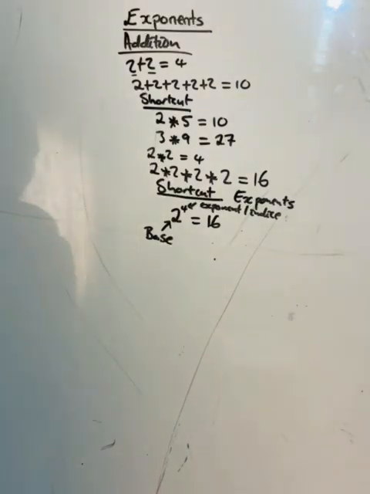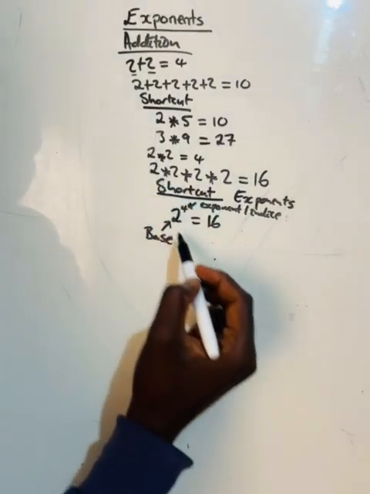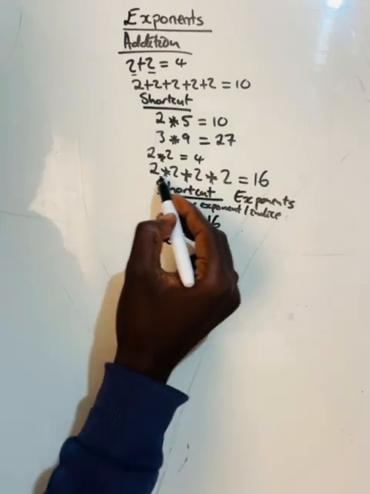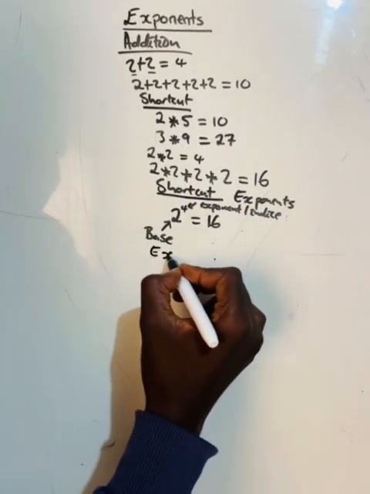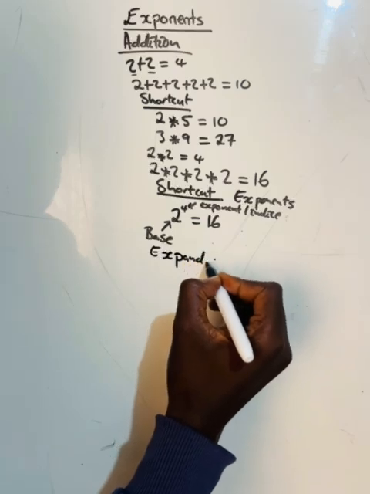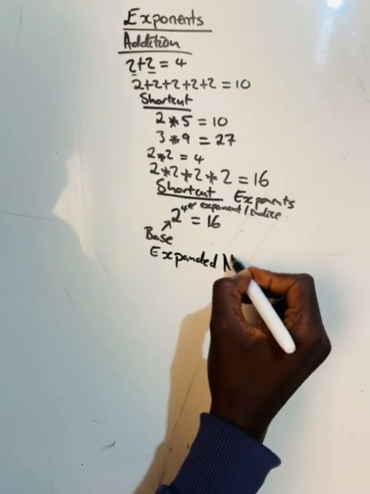Now, we want to use this part. 2 times 2 times 2 times 2. This is what we call expanded notation.